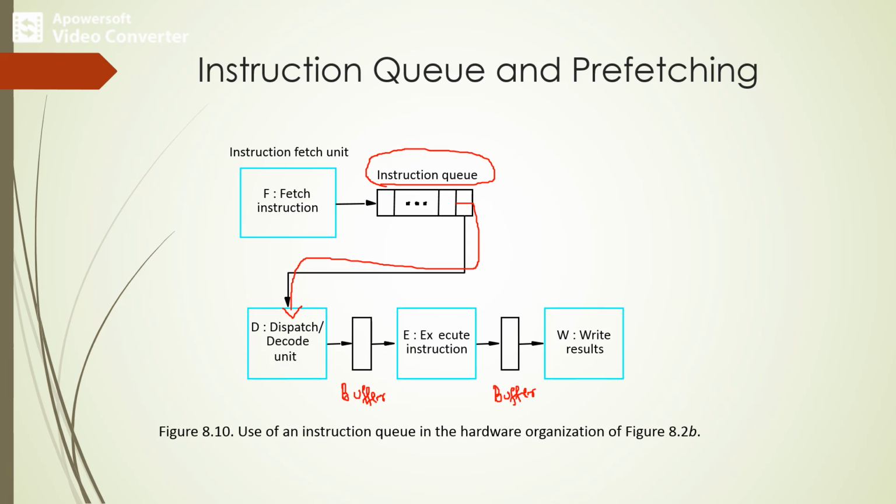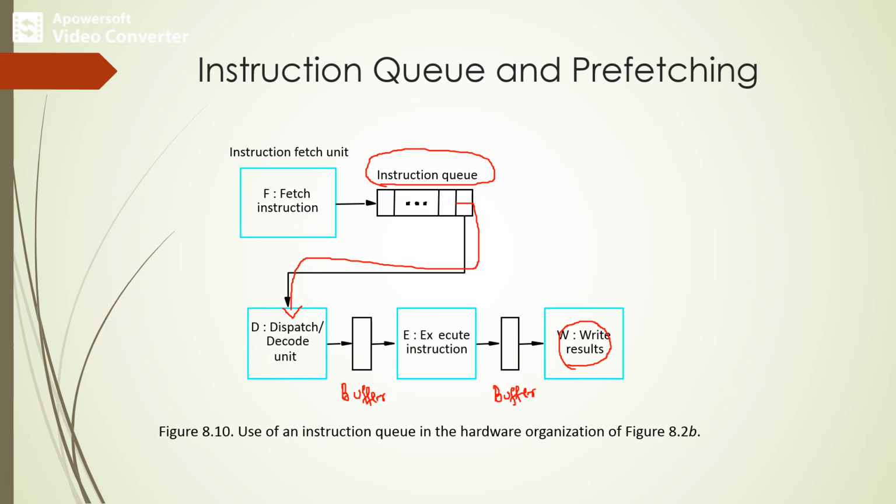Intermediate buffers are used here, and finally the results can be obtained in the last phase. To be effective, the fetch unit must have sufficient decoding and processing capability to recognize and execute the branch instruction.